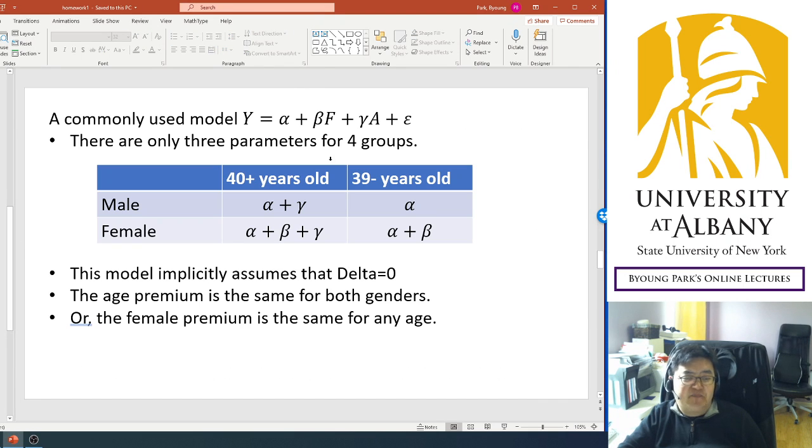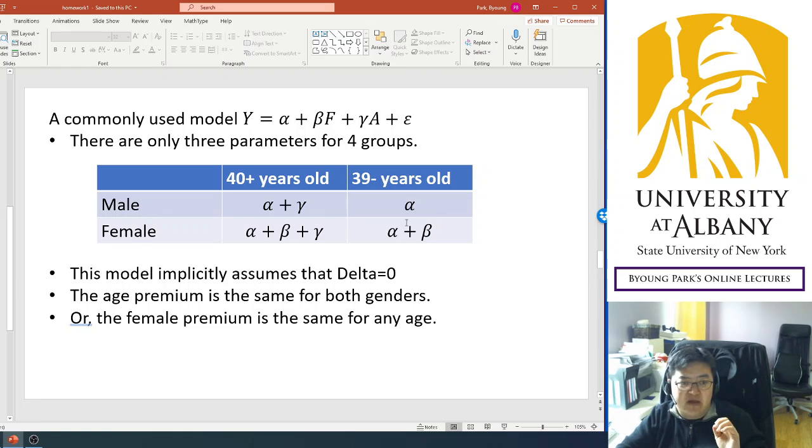What does that mean? Delta was the difference in differences: the difference in age premiums across genders, or the difference in female premiums across ages. Either way they are equivalent, so we are assuming that the difference is 0.